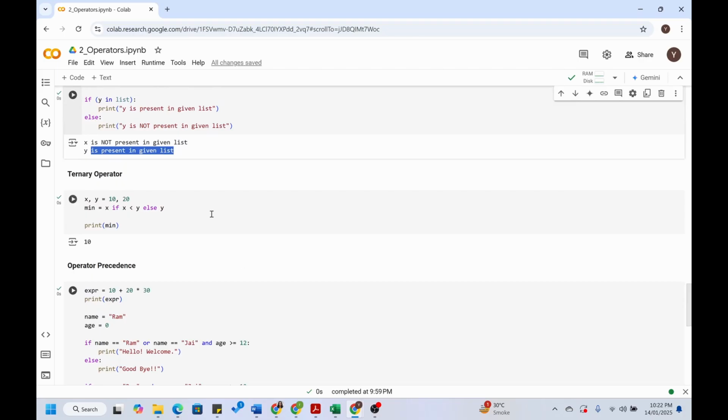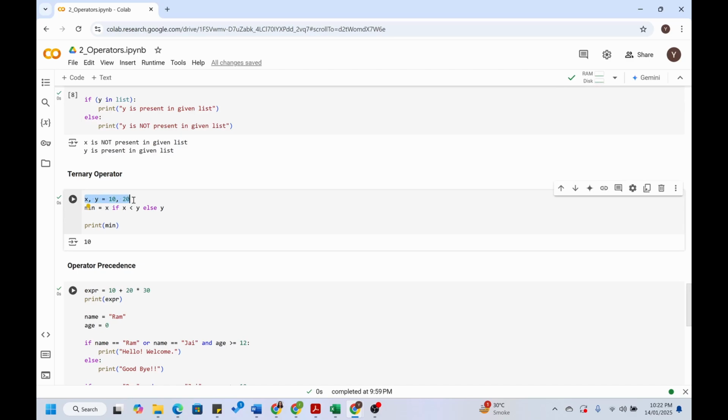Now the ternary operators: when we have multiple values assigned in a particular line, x and y, I am assigning a few values. Now I want to find out the minimum value of it. So I am writing x if x less than y. So x is 10 and y is 20, which is true.